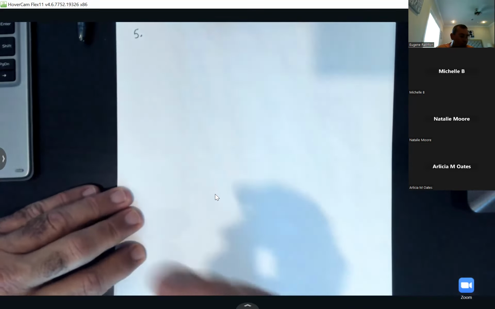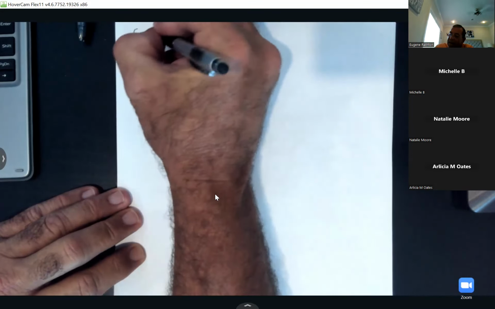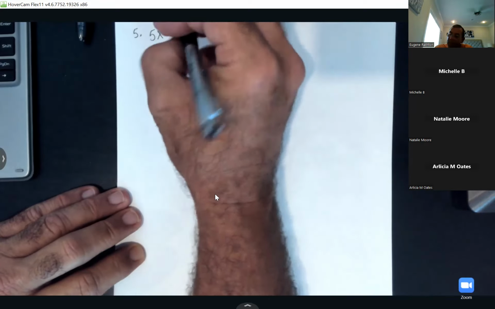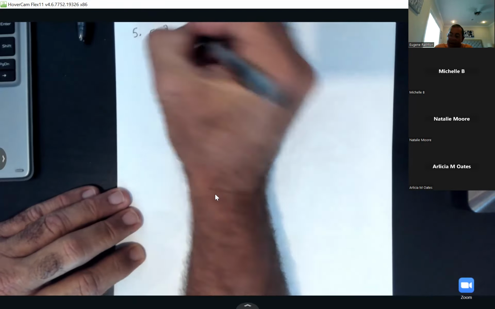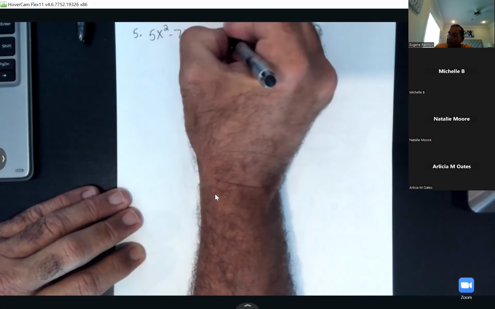So the last one in support, solve by factoring again. 5x squared minus 7x minus 12 equals 0.